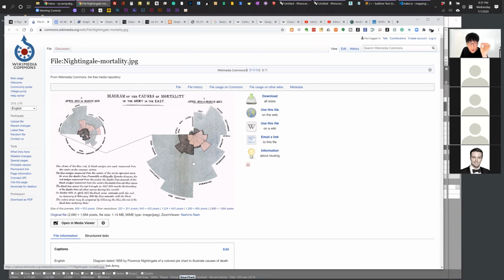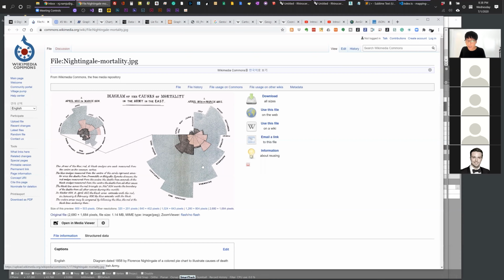There's more clear and useful information describing what this is. But as far as I know, it describes the war the UK fought against Russia, and the diagram Nightingale made reveals an insight. Previously, people thought that during the war, in battle, people would die, right?